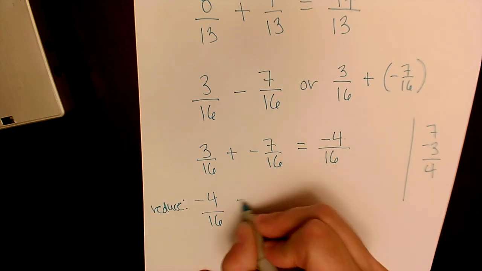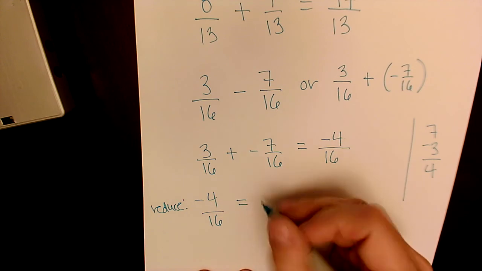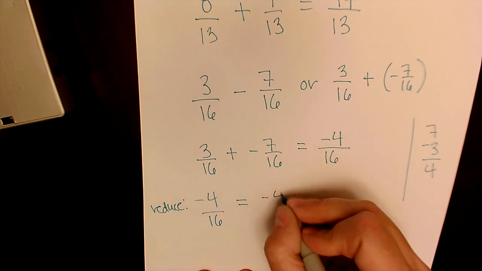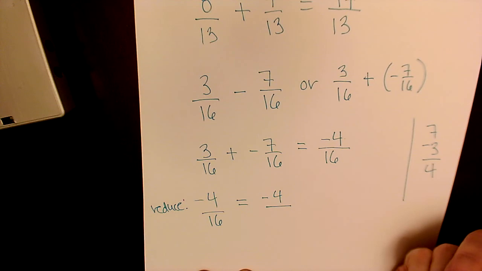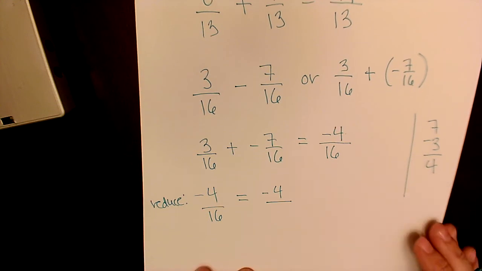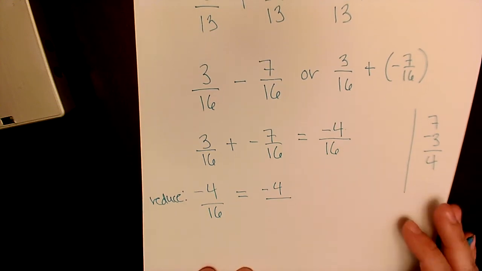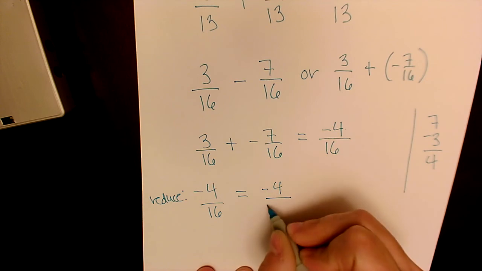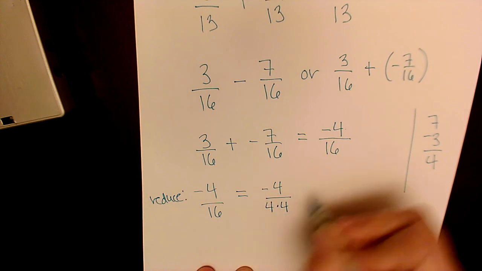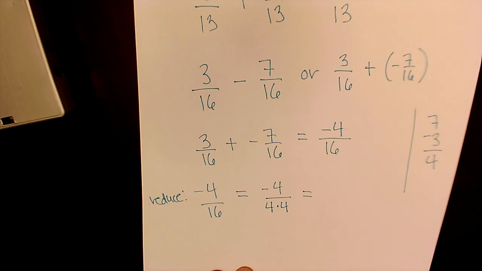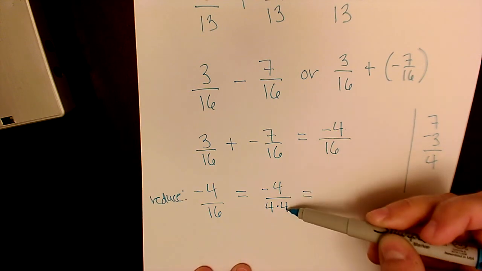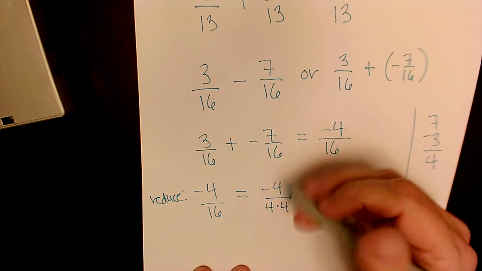Okay. So on the top, I just have a negative 4. And on the bottom, I've got 4 times 4, because 16 can break down to 4 times 4. Now, these 4's match up, even though this one's negative.